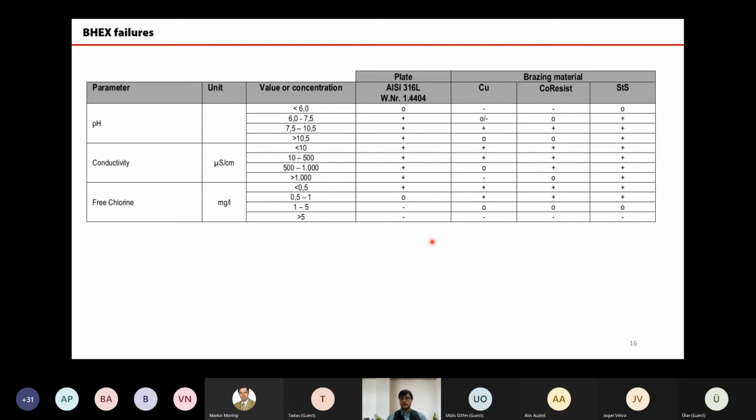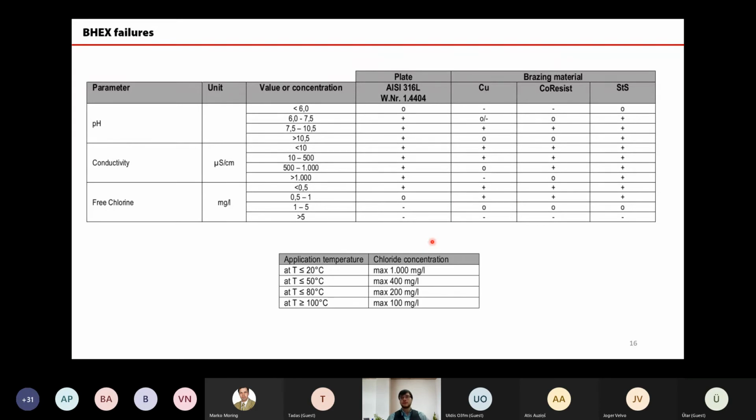And it's not only free chlorine I need to look at, I also need to see the chlorides, so any chemical compositions which consist of chlorides. For chlorides, I need to be very careful about working temperature, because as you see, chlorides allowed in the water depend on the average application temperature.